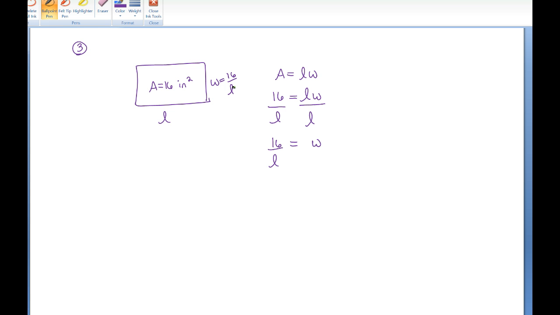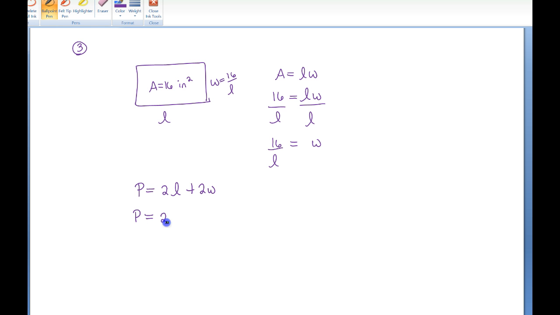Okay, so we're back. And number 3, we are looking for the smallest perimeter. So we know perimeter of a rectangle is 2L plus 2W. But we only want to have one variable.